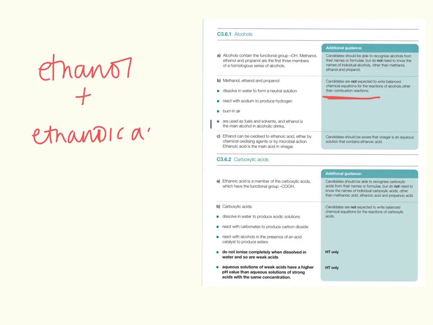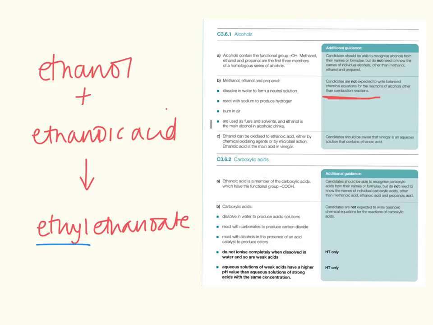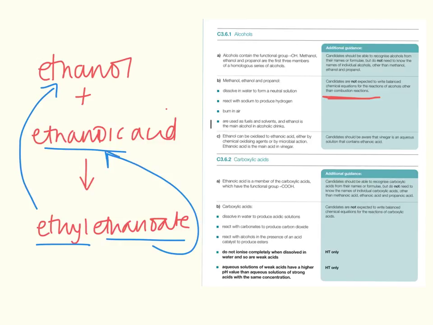These two things would react together to make an ester called ethyl ethanoate. And the ethyl part comes from the alcohol, and the ethanoate part comes from the ethanoic acid, the carboxylic acid.